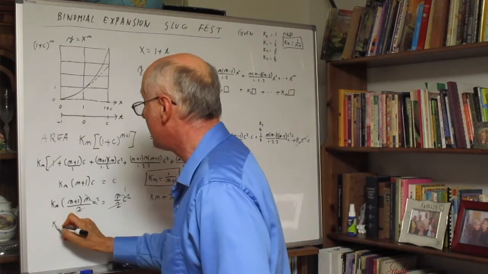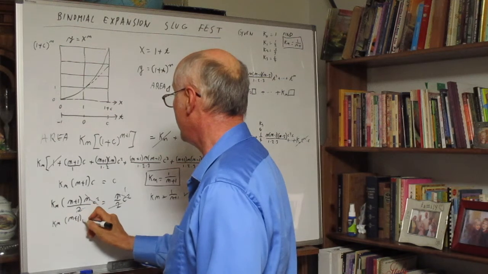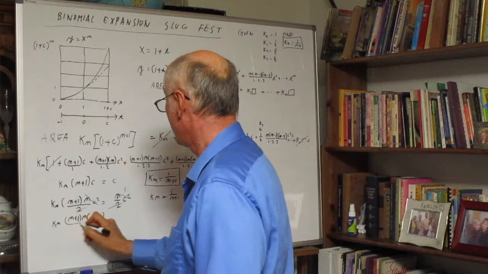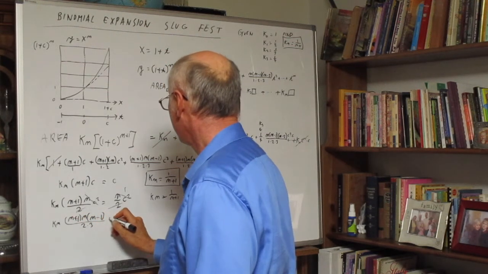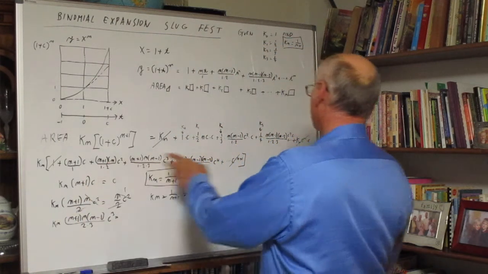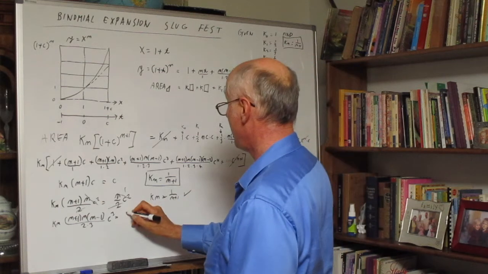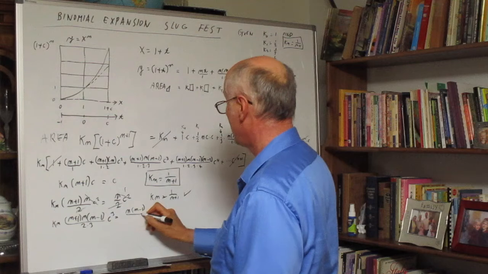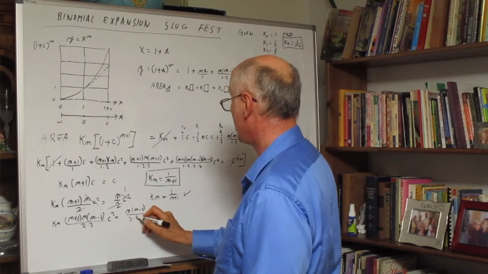K sub n, n plus 1, n minus 1, all over 2 times 3, c to the third, that equals, here's a c to the third, n minus 1 over 3 times 2, right?